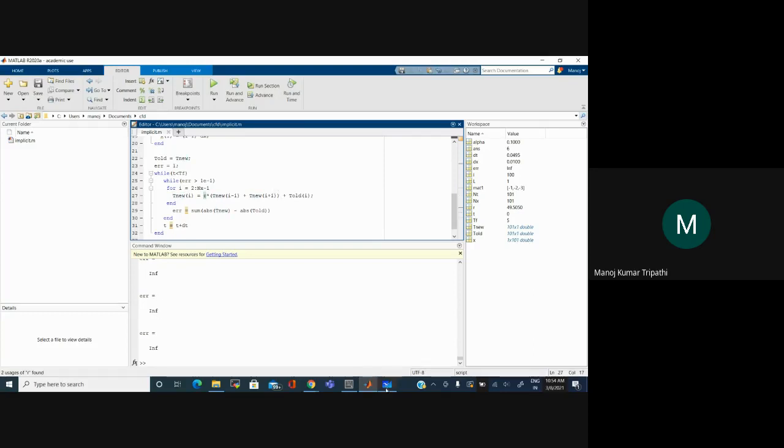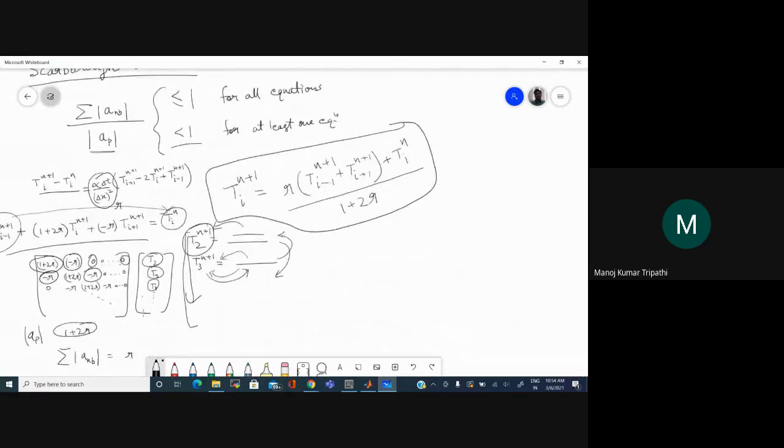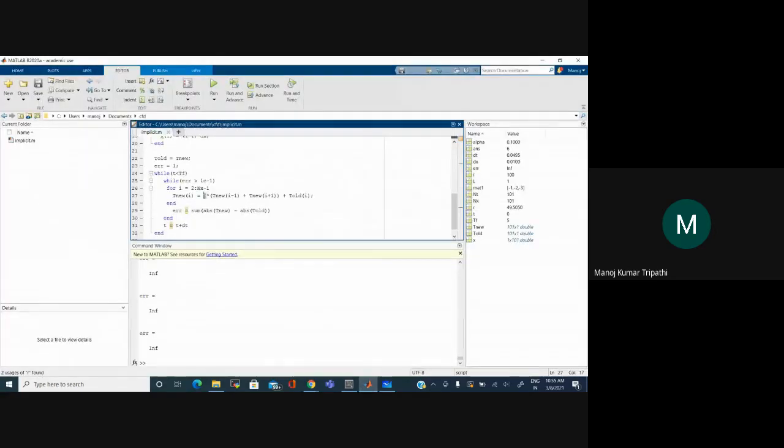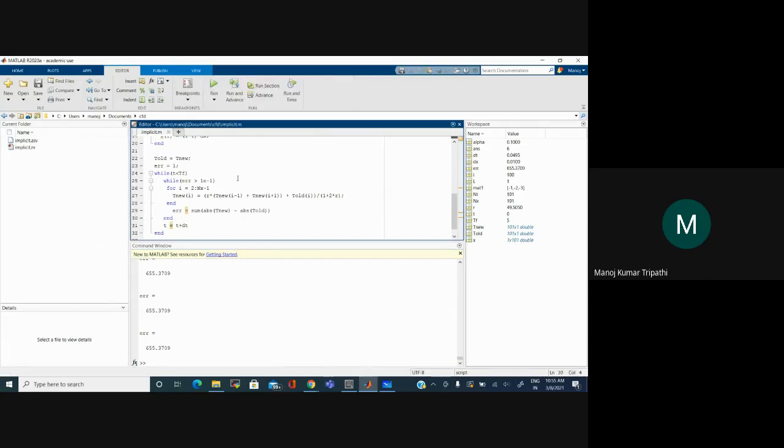What we have not done here is we have not divided by this 1 plus 2r. So let us divide by this 1 plus 2r. Okay, and then run it again. So now it is writing 655.